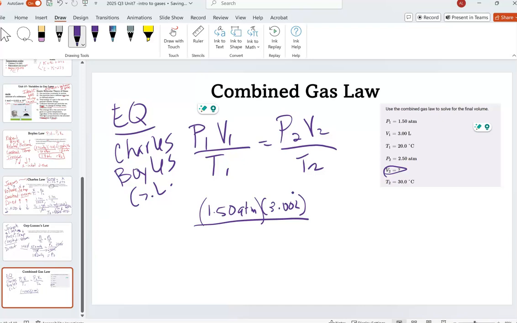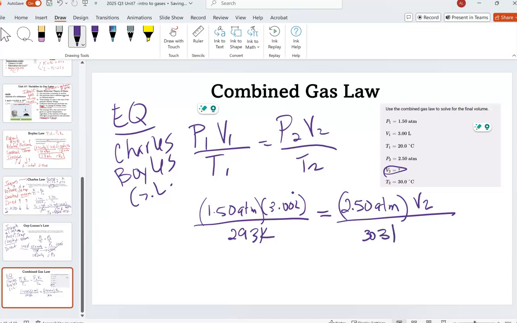Again, I have to convert that to Kelvin. So that's 293 Kelvin is equal to P2, which is 2.50 atmospheres times V2, what we're solving for, all over T2. So 30 plus 273 is equal to 303 Kelvin.